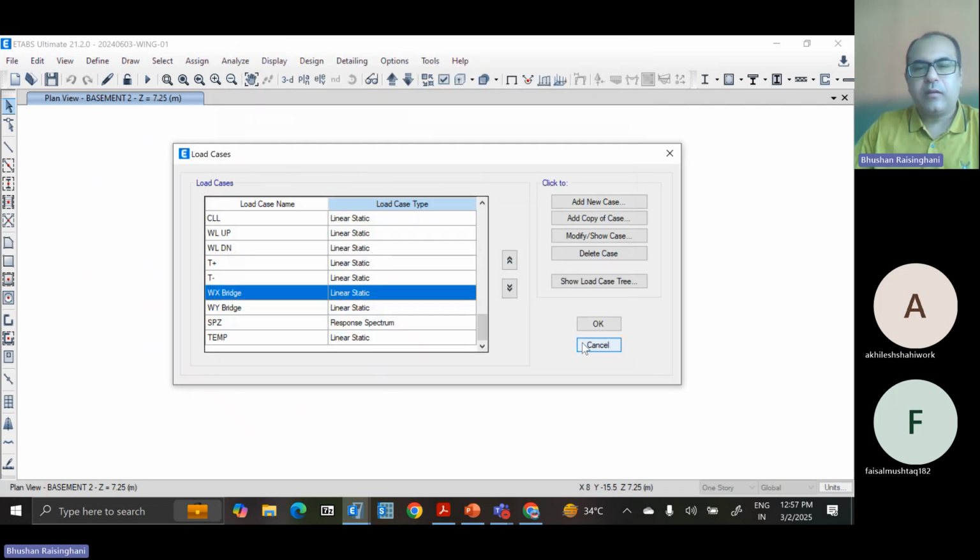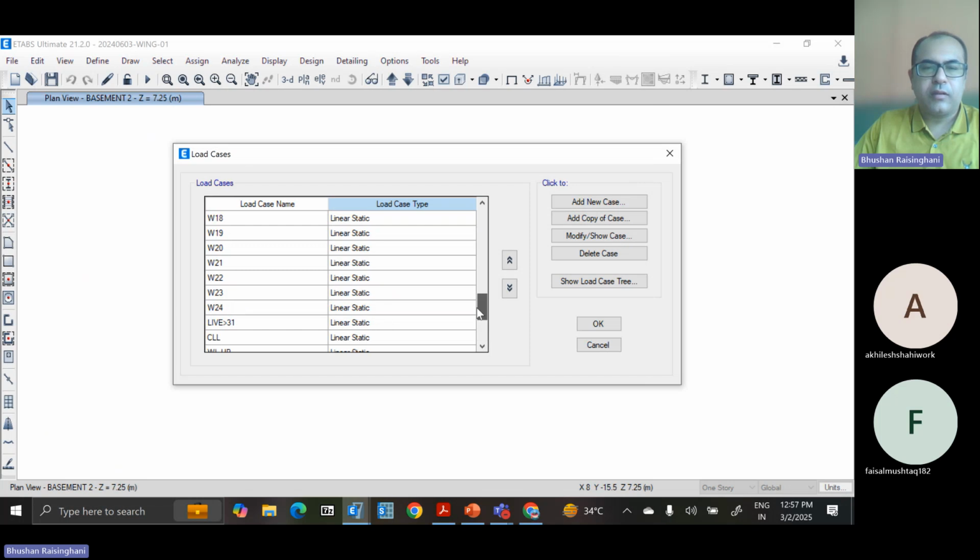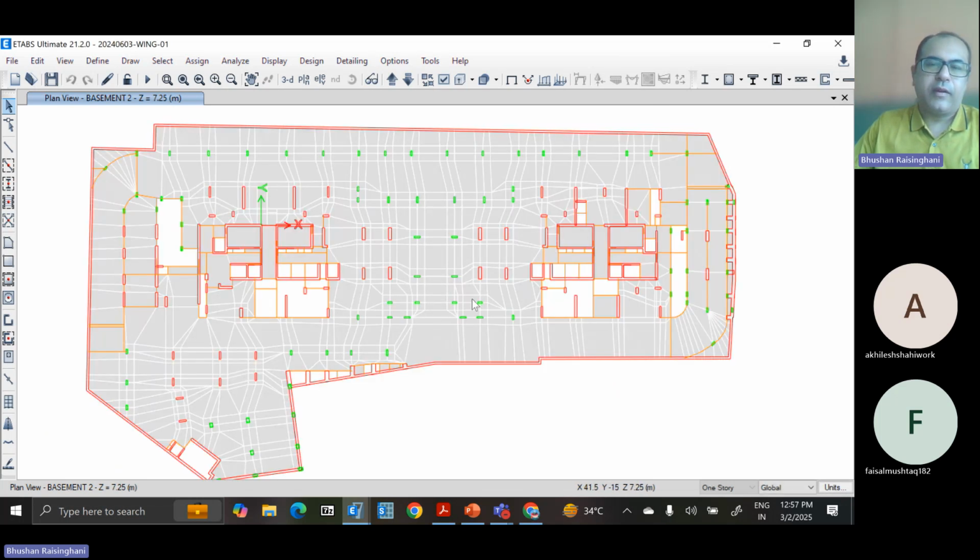In this model, the P delta analysis is not considered. However, the final model has considered these results as well. So this way you can do with P delta and without P delta analysis.